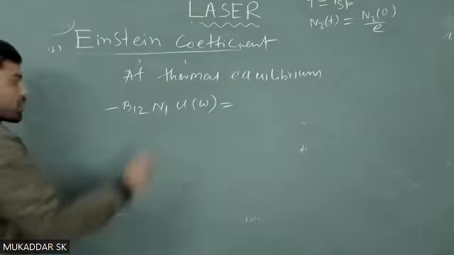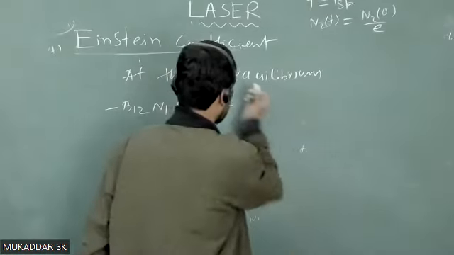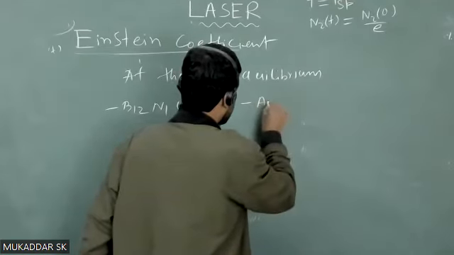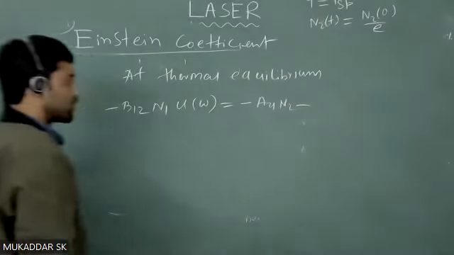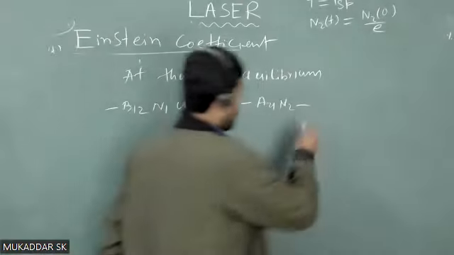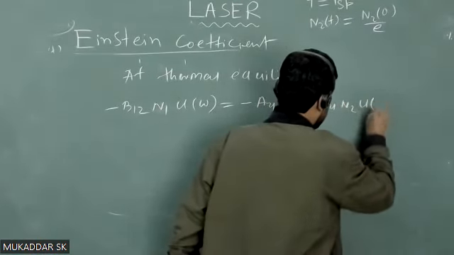This is the rate of upward transition, and that should be the same as the downward transition. The downward transition has the spontaneous emission term, A21 N2, and then you have stimulated emission, and the rate of stimulated emission is nothing but B21 N2 U(omega).